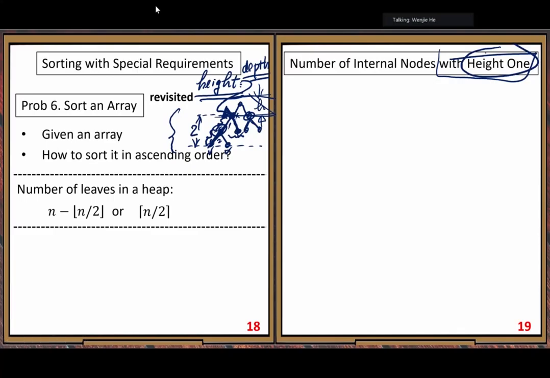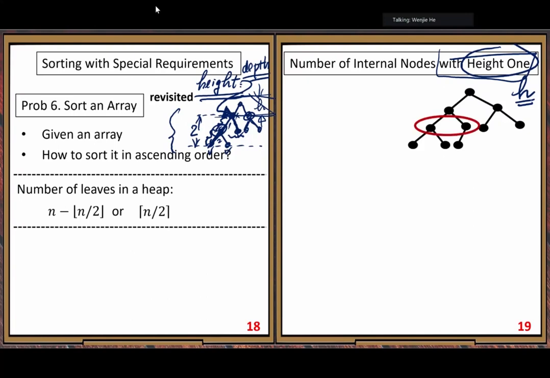After we find the formula, then we want to generalize to height h. After we get height 1, we have some better understanding, so we can extend our formula for the general case easily.